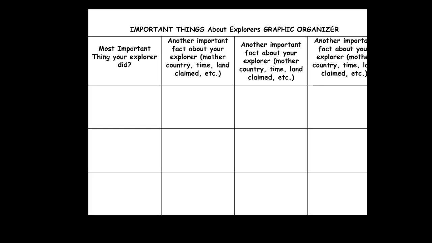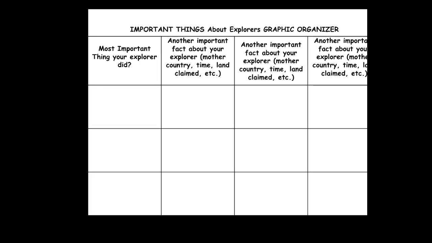And so when you're done, here's just a little piece for you to think about. You don't actually have to write on this. You're just going to come right to your graphic organizer, to your Word document. But if you want to do a graphic organizer, that would be fine. So you're looking for what's that most important thing your explorer did. If there was only one thing that you could tell us, what would be the one thing that we need to know about them?